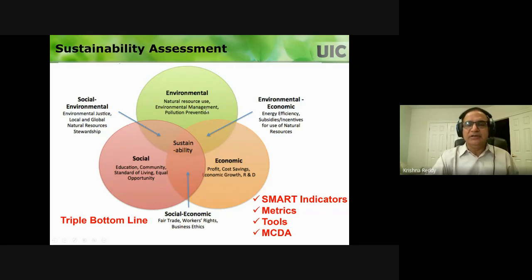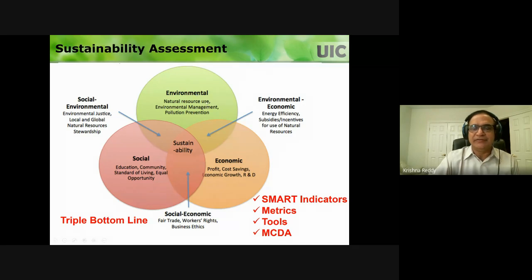For example, environmental indicator, you want to have a low carbon footprint, so that greenhouse gases, or carbon footprint is the indicator. So that's only one indicator, right? And similarly, you could have other environmental indicators, eutrophication, those kind of things, and those could serve as indicators.